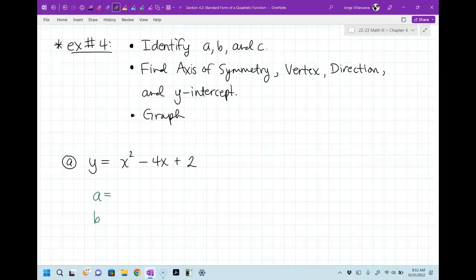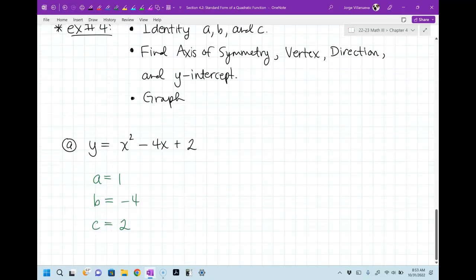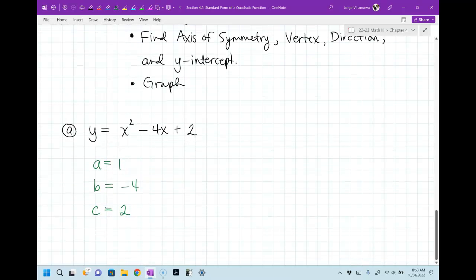So I'm going to put a, b, and c. What's my a value? Not x. 1, right? What's my b value? -4. What's my c value? 2, right? There we go. We got our a, b, and c. So that's what they want us to do first.